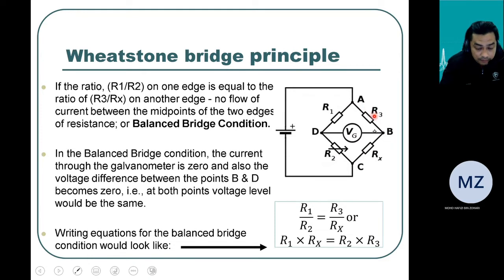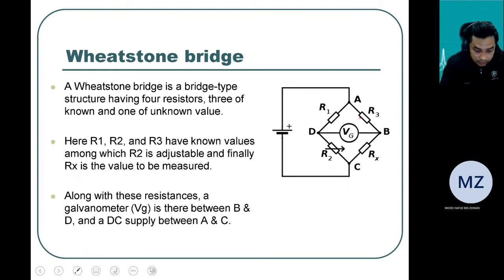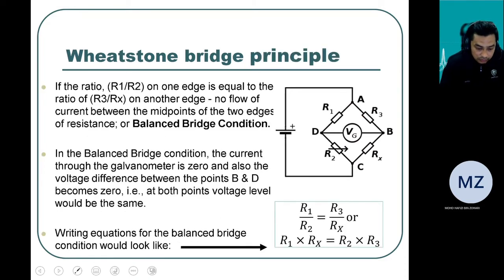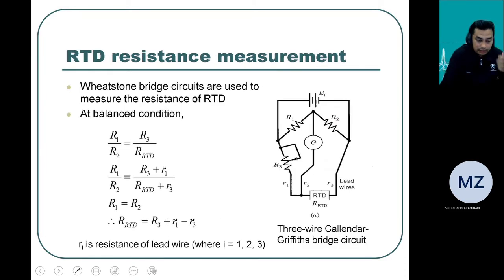It doesn't matter. If we change the values of R2 and R3 here, in this case R3 will become the variable resistance, and R2 becomes a fixed point. For example, if you look at the next one, look at the circuit here.